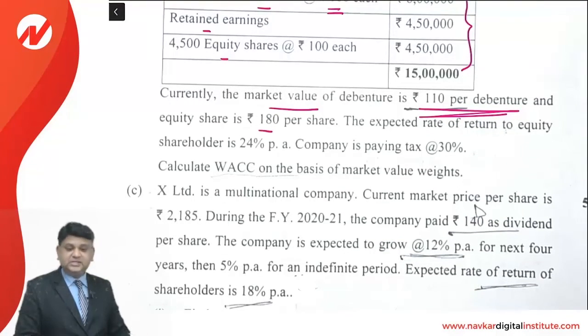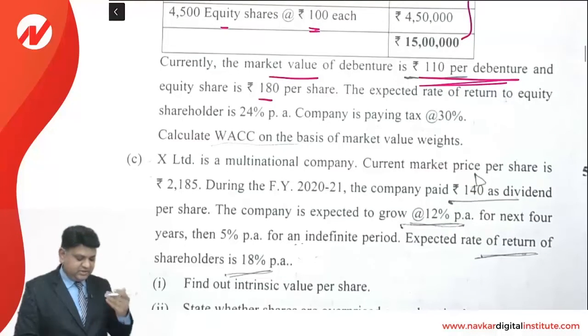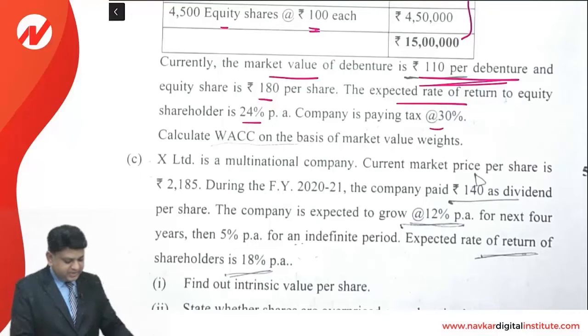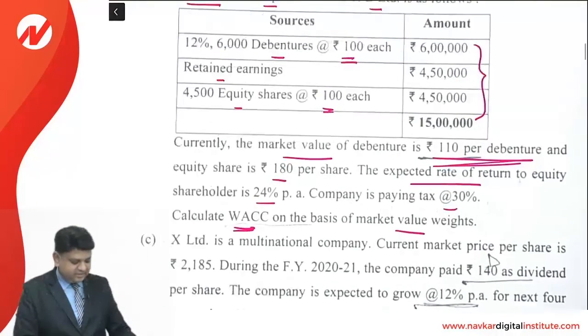And equity share is 180. Face value is 100, but market value is 180. The expected rate of return to equity shareholder is 24% per annum. The company is paying tax at the rate of 30%. Calculate WACC, weighted average cost of capital, on the basis of market value weights.